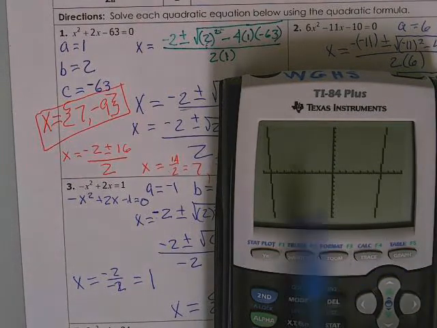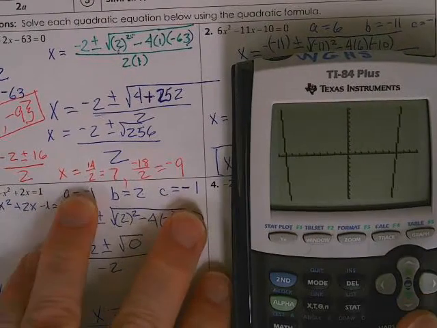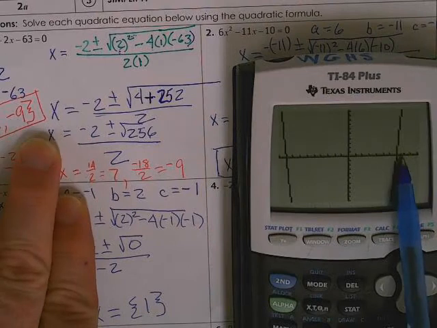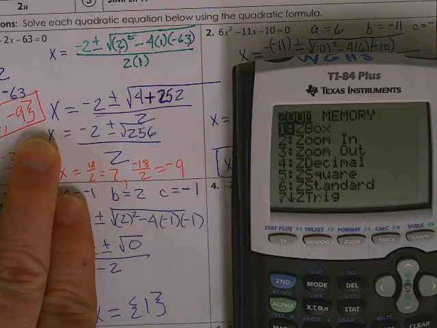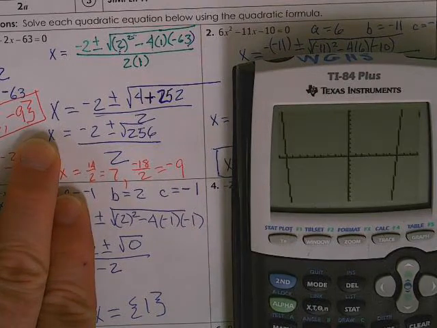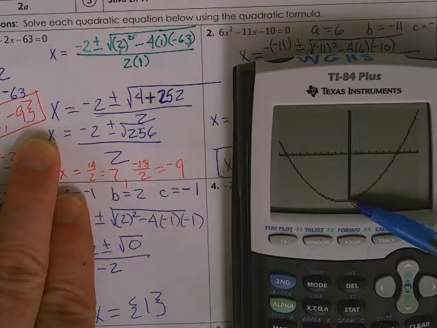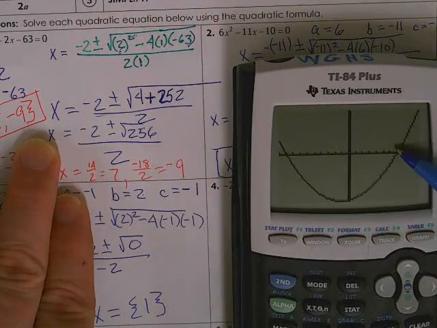You can see these 2 points where it crosses should be our answers, -9 and +7. But to see the whole graph, I would have to zoom to fit, and that would put -63 right here, but you'd still have -9 and 7 here.